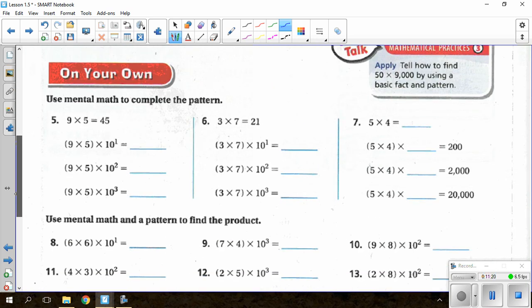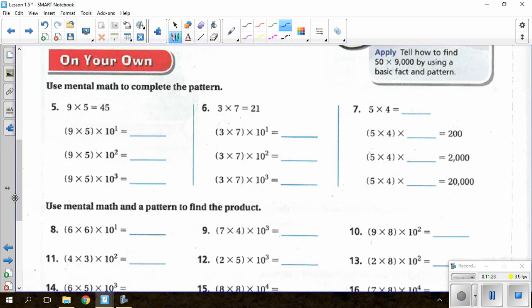Moving down, again, we're doing the exact same thing where we are figuring out what our basic fact is, and then we are multiplying it by that exponent. So 9 times 5 for number 5 is 45, times 10 to the first power, so that exponent of 1 tells me to add 1 zero.